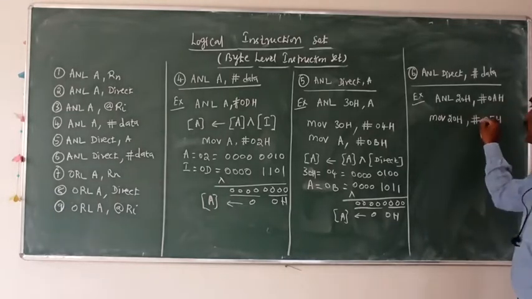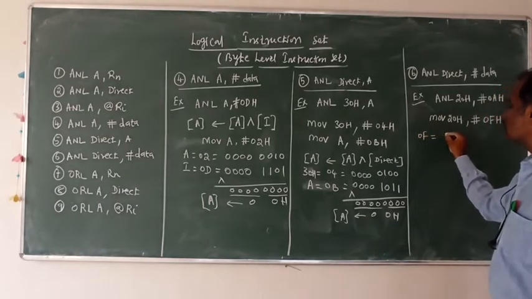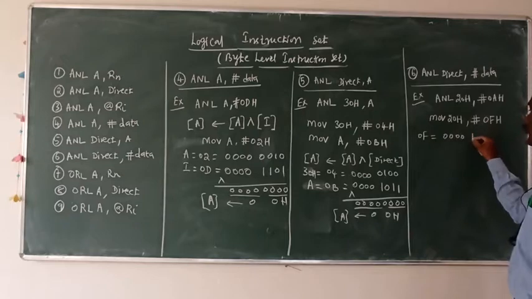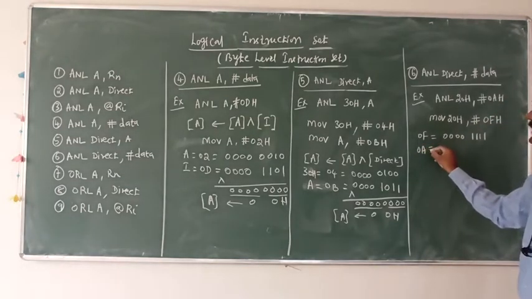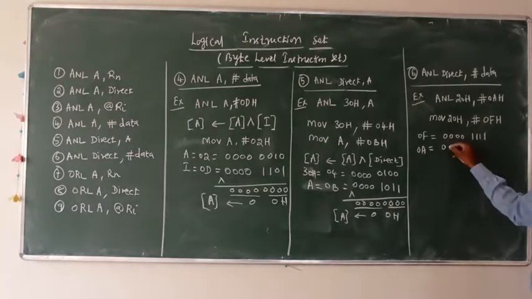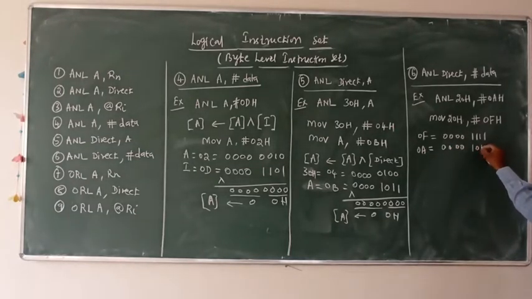Now 0F is equal to 00001111 and the immediately given 8-bit data is 00001010. Now logically AND these two. If any one of the inputs is low, the output is low. If both are high, the output is high.